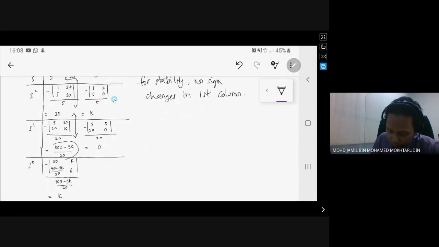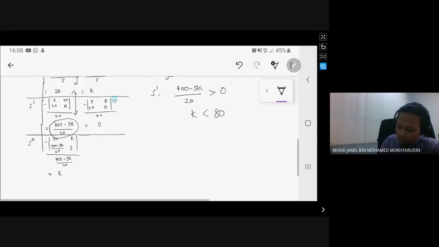So this value here must be positive, meaning that for row S1, 400 minus 5K over 20 must be bigger than 0. So you'll get K less than 80. And then the next one is this K. So these two must be positive, and K, meaning that K must be bigger than 0. So for S naught, K must be bigger than 0.